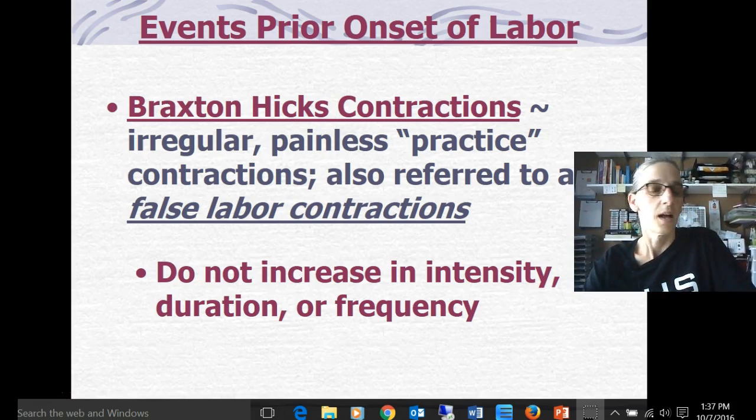The difference between these and regular labor contractions is that these are not going to increase in intensity, duration, or frequency. In fact, they will get less frequent and less intense. They will be more spread apart, not every 5 minutes, coming on to every 3 minutes and getting stronger and stronger. So that's one of the clues to the difference between Braxton Hicks and true contractions.